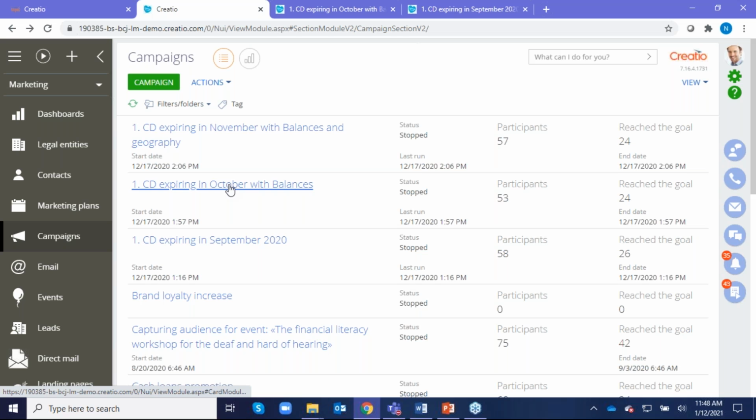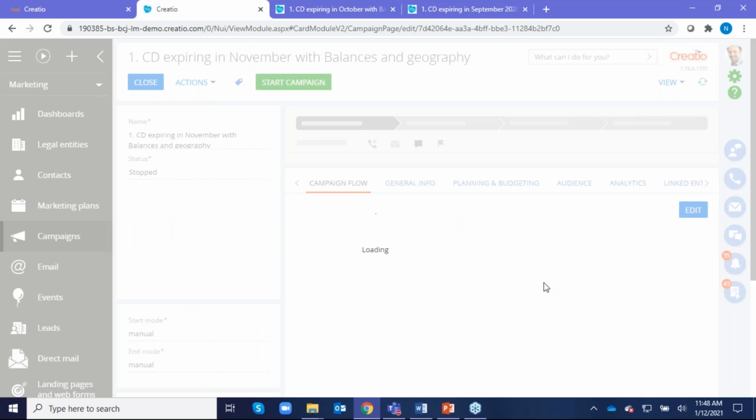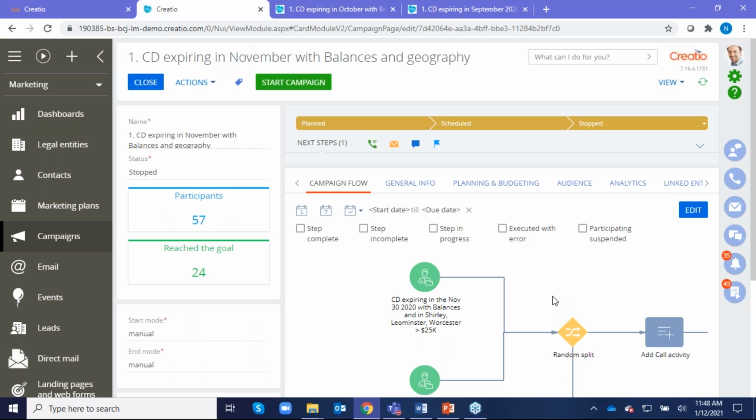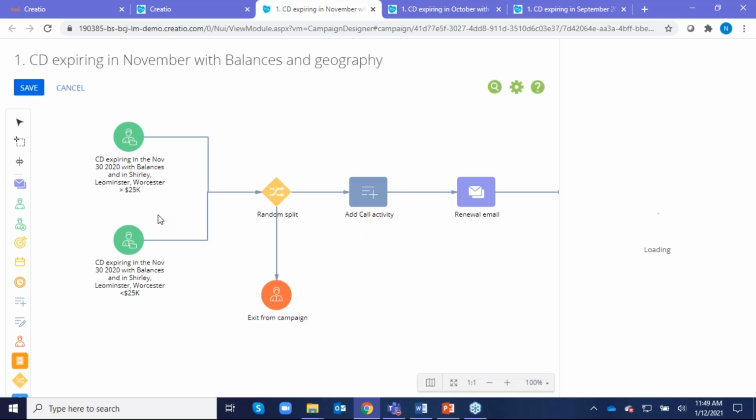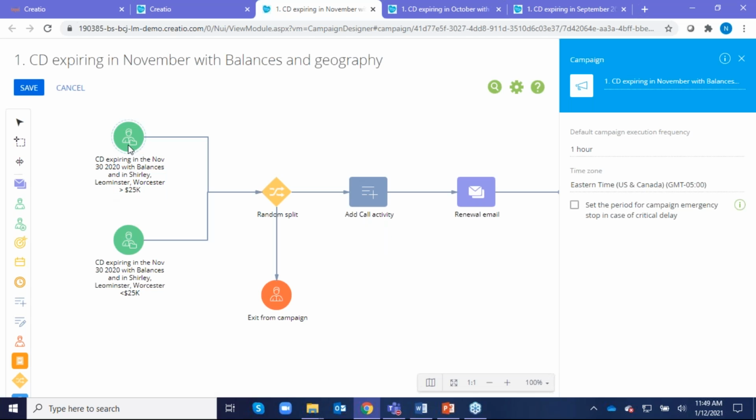And when we have results for that, we can say, okay, now we have done it for CDs of a particular month expiring and a particular balance greater than a certain amount, then we'll focus on particular branches. So you can continue to grow and understand how your customers are behaving so that you can do the best possible things to retain the customers that you have and also position what you can potentially do.